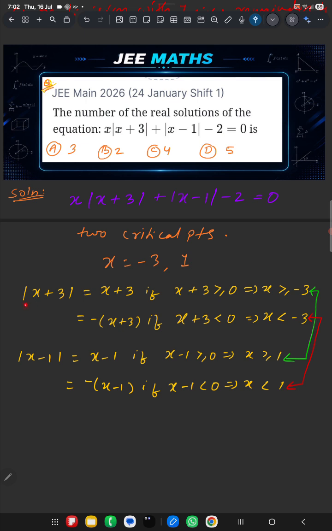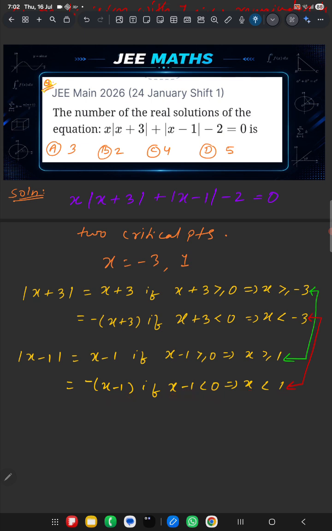Based on that, |x + 3| will be x + 3 if x + 3 ≥ 0, that is x ≥ −3, and it will be −(x + 3) if x + 3 < 0, which implies x < −3. Also, |x − 1| will be x − 1 if x − 1 ≥ 0, giving x ≥ 1, and it will be −(x − 1) if x − 1 < 0, giving x < 1.